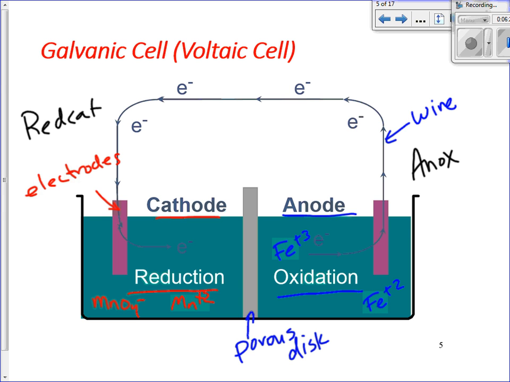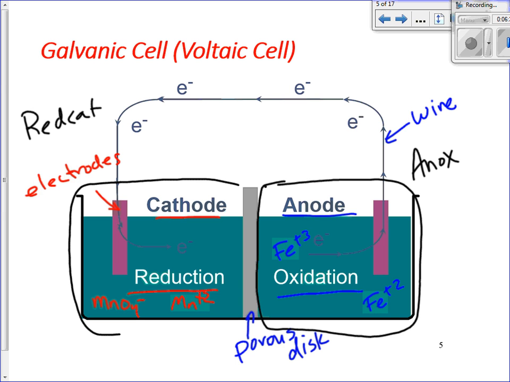Basically the anode is this entire side, the whole thing with the electrode and everything involved. Over here, everything with the cathode, the reduction, the electrode, the solution, is considered the cathode of the cell. So red cat, an ox is the best way to remember which one goes where.